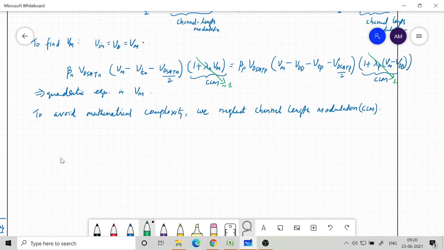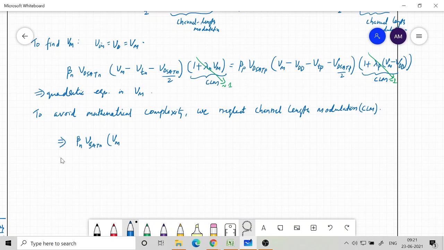So it doesn't mean that it is not there. Actually it is there, but to solve for Vm in the presence of channel length modulation is a little tedious, and still it is not impossible to do. It is relatively easy but it will have a lot of algebra to keep track. So let us look at a simpler approximate solution.